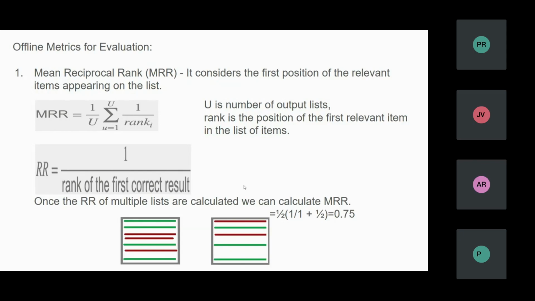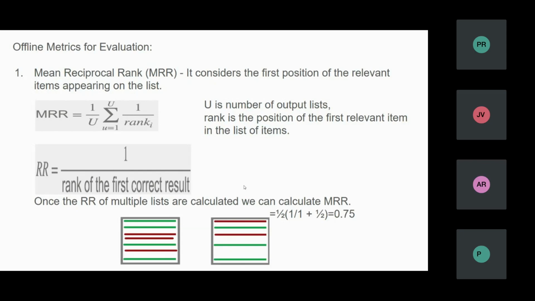Let's see the two boxes or images. Consider that these are the lists, and the horizontal green lines are the relevant items in the list, and horizontal red lines are the irrelevant items in the list.